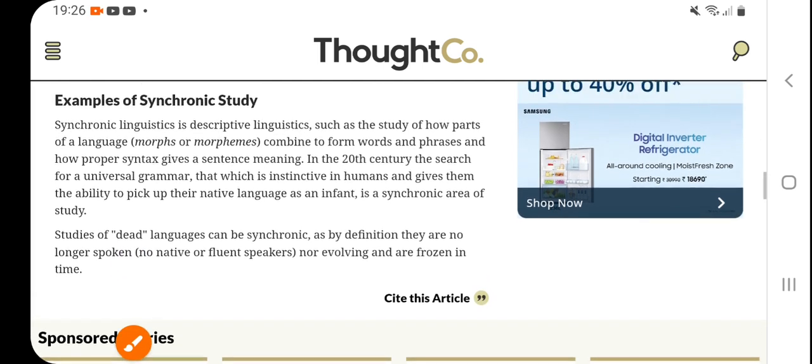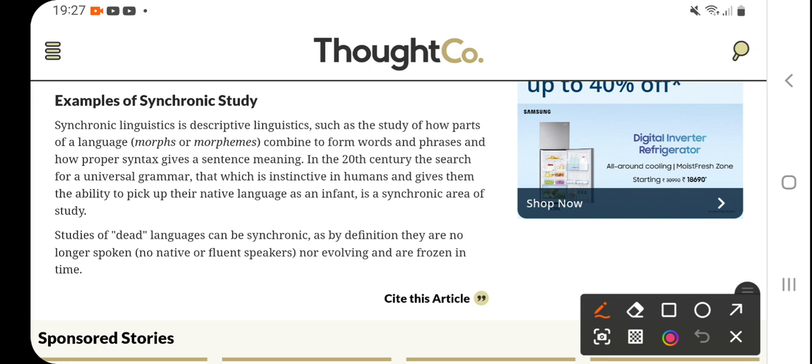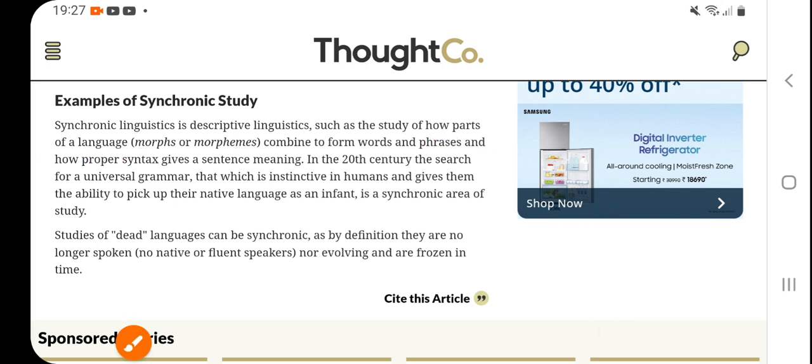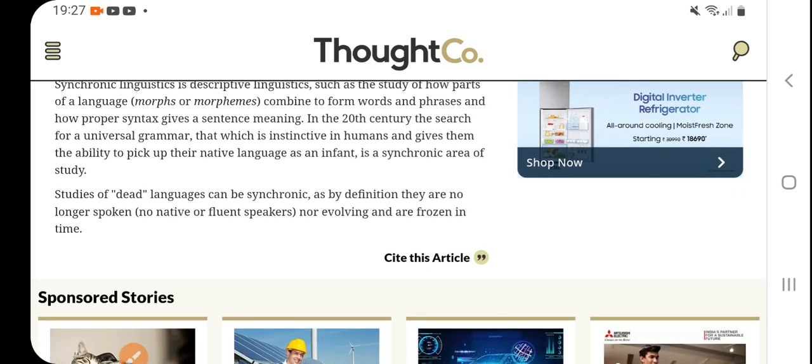Another example: synchronic linguistics is descriptive linguistics, such as the study of how parts of language, morphs or morphemes, combine to form words or phrases, and how proper syntax gives a sentence meaning.